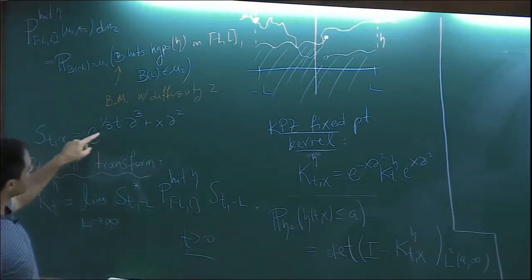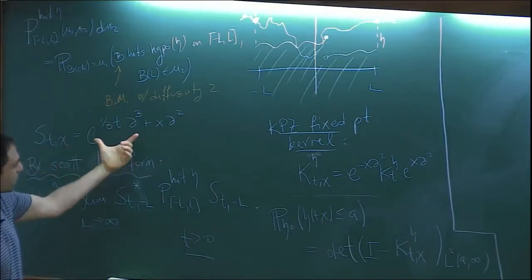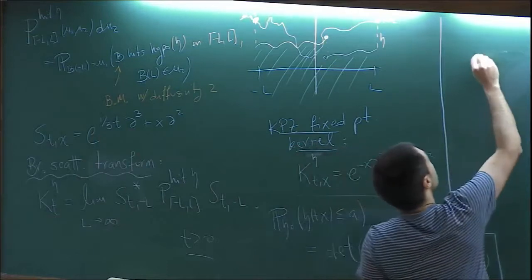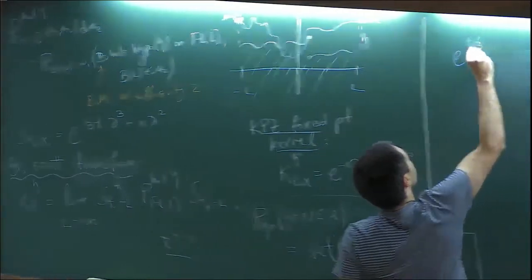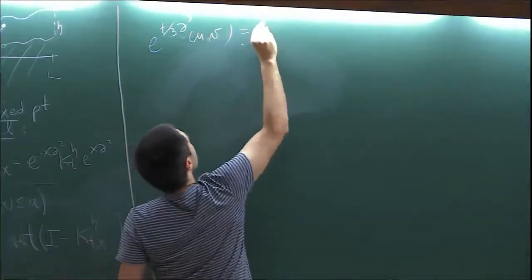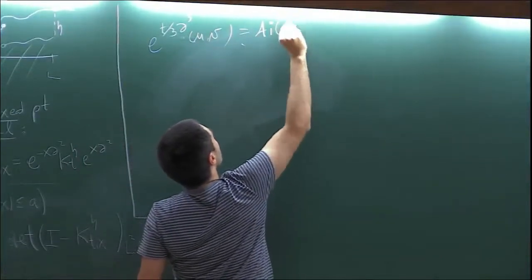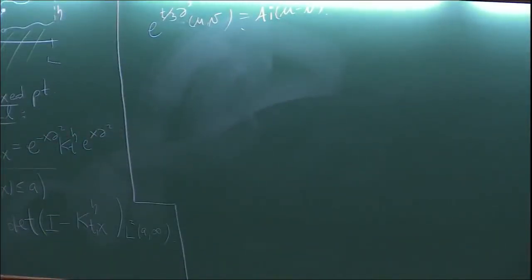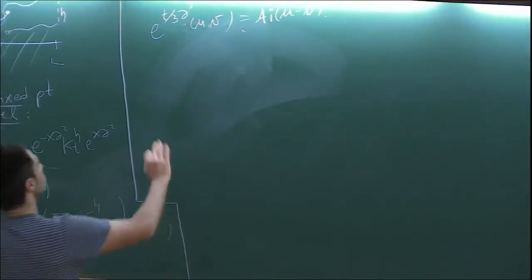So this e to the t d cubed, we saw this yesterday, but it's not so mysterious. Really, e to the (1/3) d cubed, uv, this is nothing but the Airy function of u minus v. Sorry, not with a t.